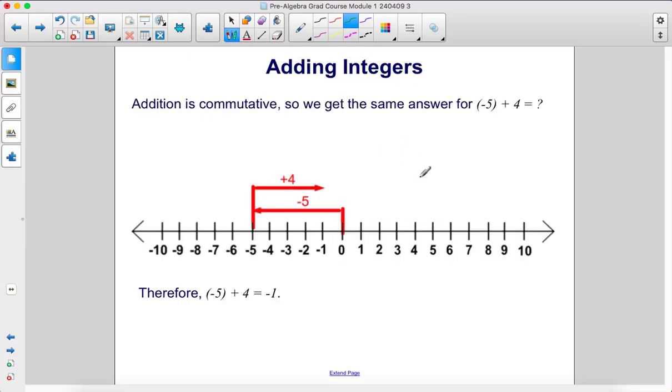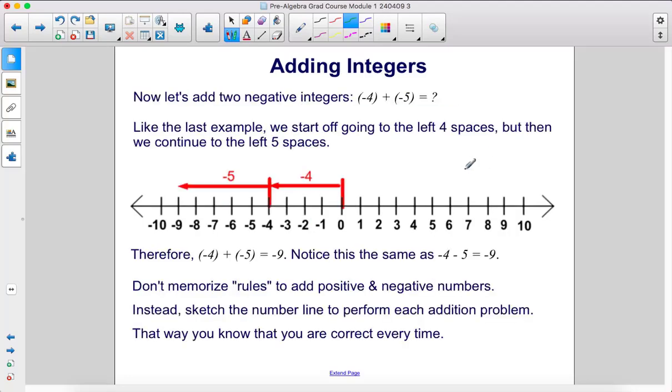Addition is commutative, so we get the same answer for negative 5 plus 4. We start at 0, we move to the left 5, then we add 4, so we go to the right 4, we still end up at negative 1.